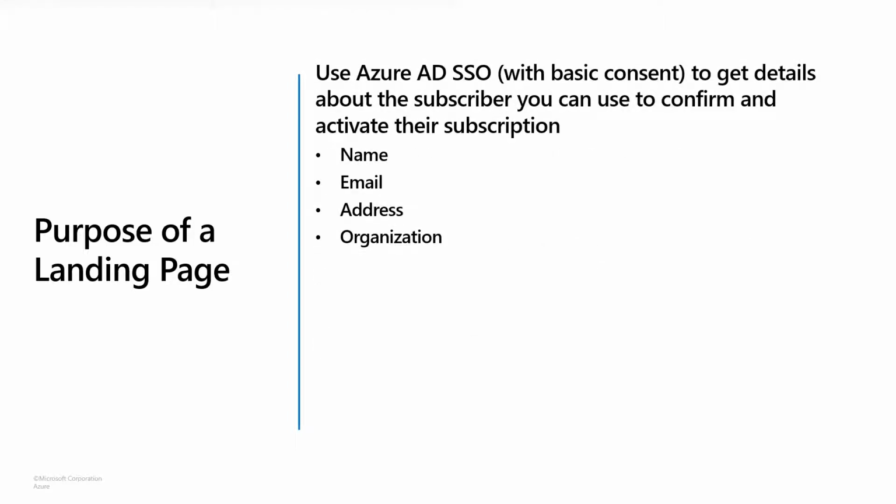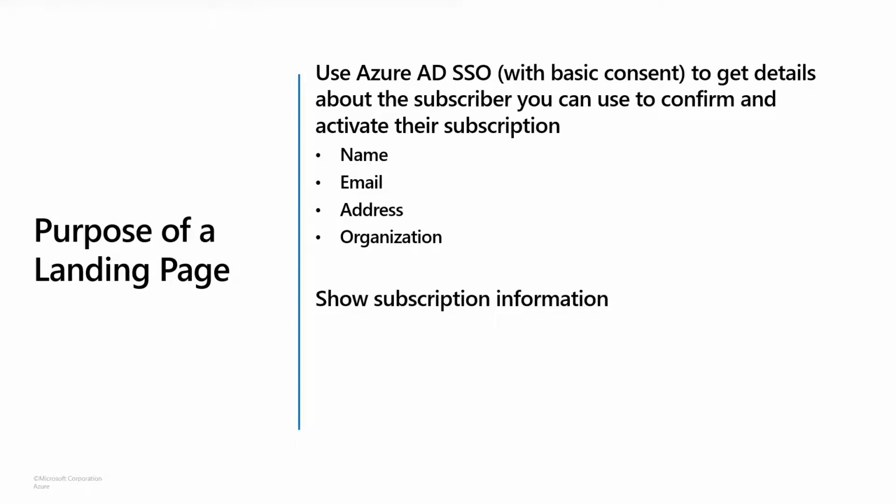The first thing a landing page will do is log in the user using Azure Active Directory single sign-on with basic consent. That's the lowest consent that we can ask for. We don't need any more than that to get the details about the subscriber that you'd like to use on your page. Things like name, email, address, and organization.